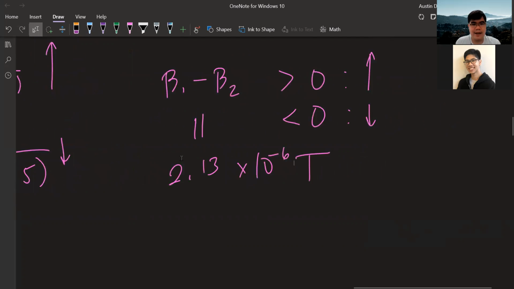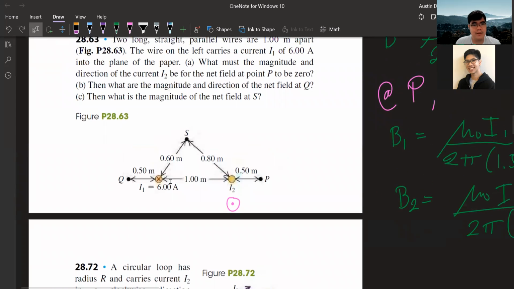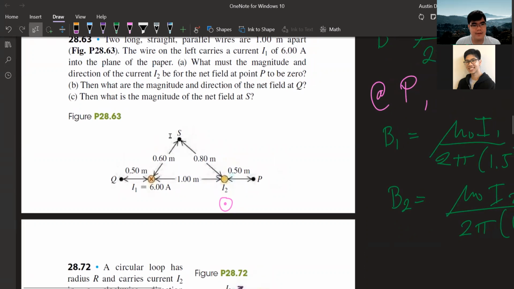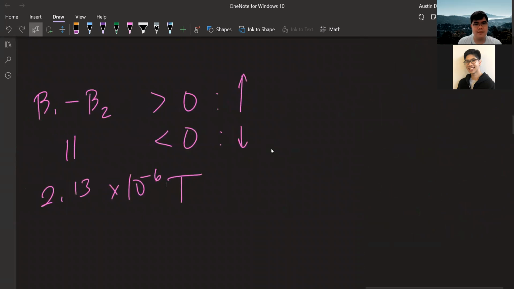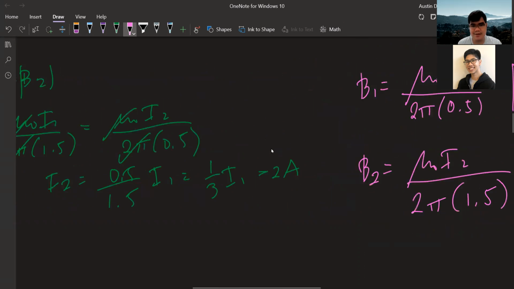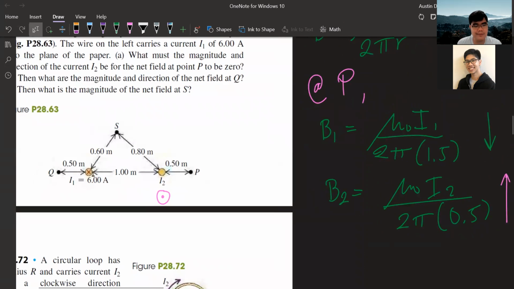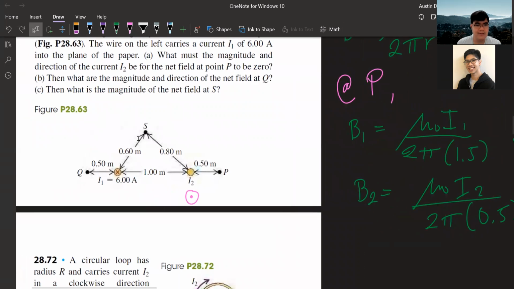Okay? And then lastly, for the point S, it would be a similar process. You have mu naught I1 over 2 pi times the distance to the point you're looking at. So, 0.6 meters is the distance. And then, if you do your right-hand rule, the magnetic field there points this way, and the other one points this way.